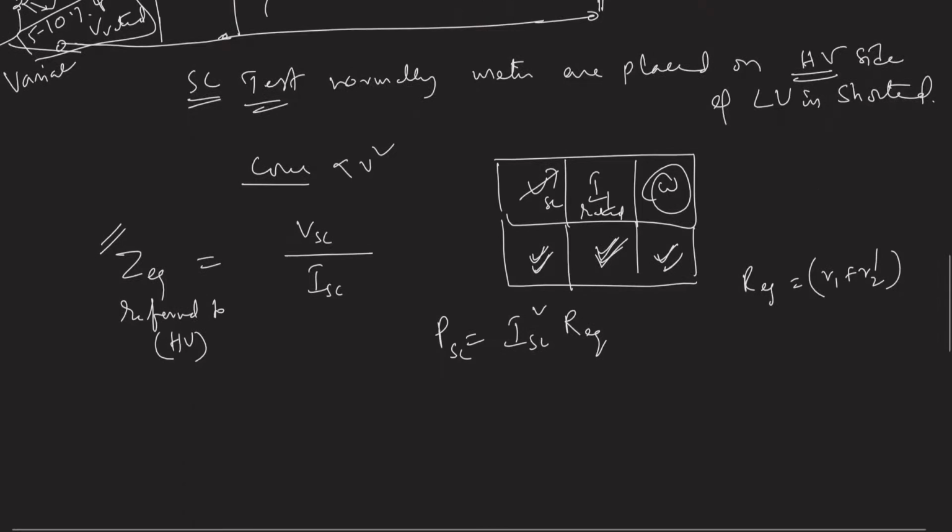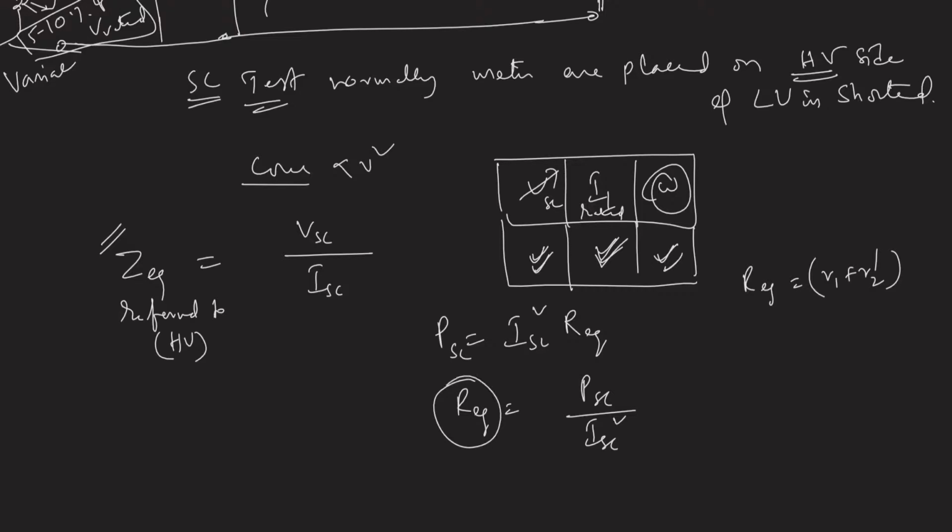So from P short circuit equals ISC square R equivalent, I can calculate R equivalent. I have calculated the combined resistance and the combined impedance, where Z equivalent equals R equivalent plus j X equivalent.